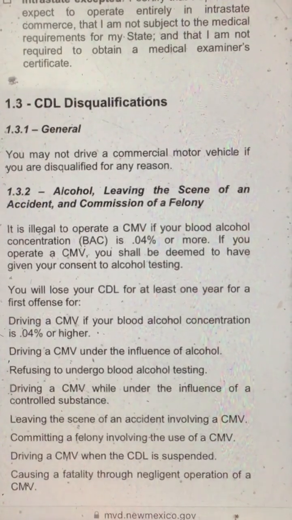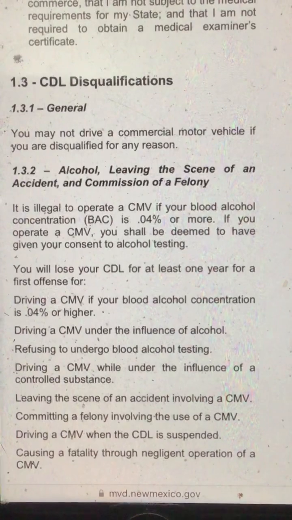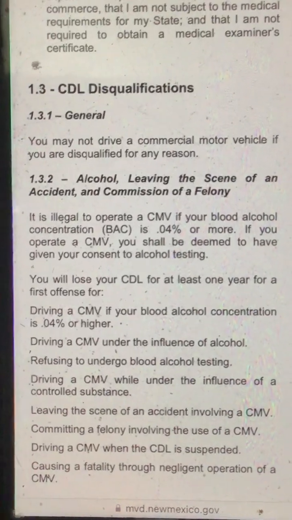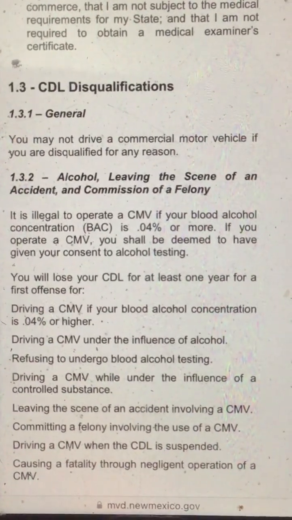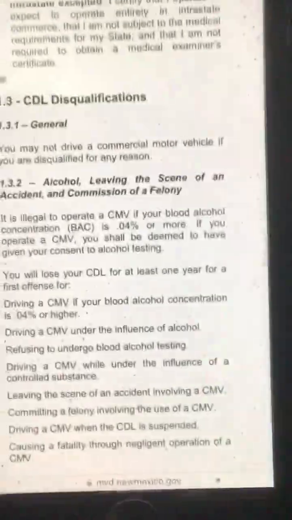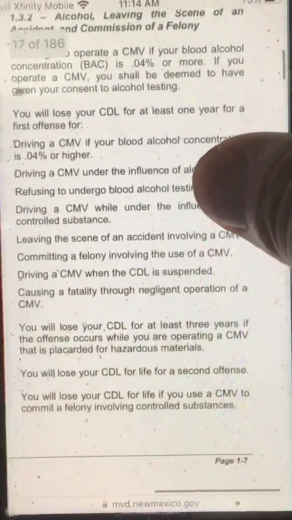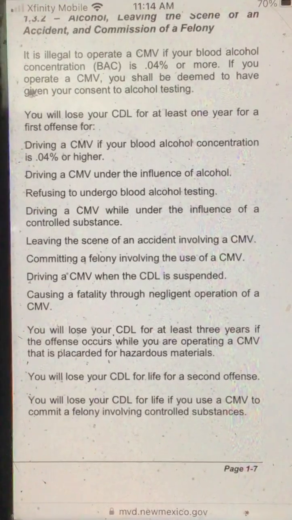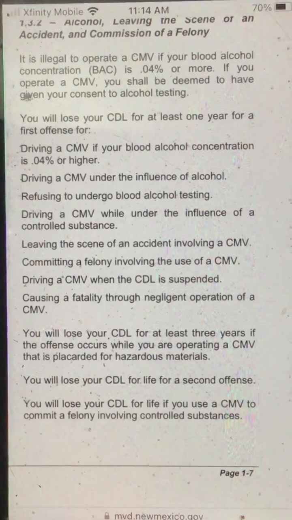You will lose your CDL for at least 1 year for a first offense for driving a CMV if your blood alcohol concentration is 0.04% or higher, driving a CMV under the influence of alcohol, refusing to undergo blood alcohol testing, driving a CMV while under the influence of a controlled substance, leaving the scene of an accident involving a CMV, committing a felony involving the use of a CMV, driving a CMV when the CDL is suspended, or causing a fatality through negligent operation of a CMV.